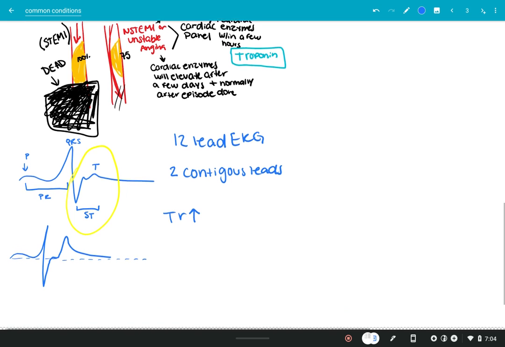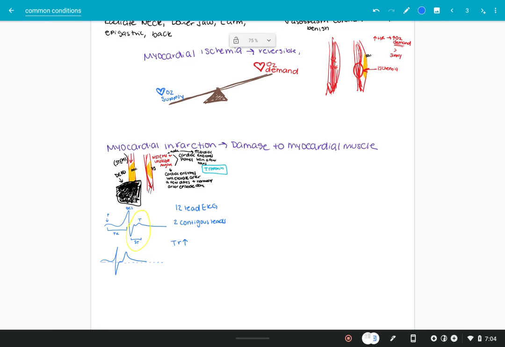So, yeah. That's pretty much that. So STEMI is an emergency. You got to quickly get them into the cath lab for a PCI. It's an emergency for STEMIs. Just like what they say with strokes, time is brain.